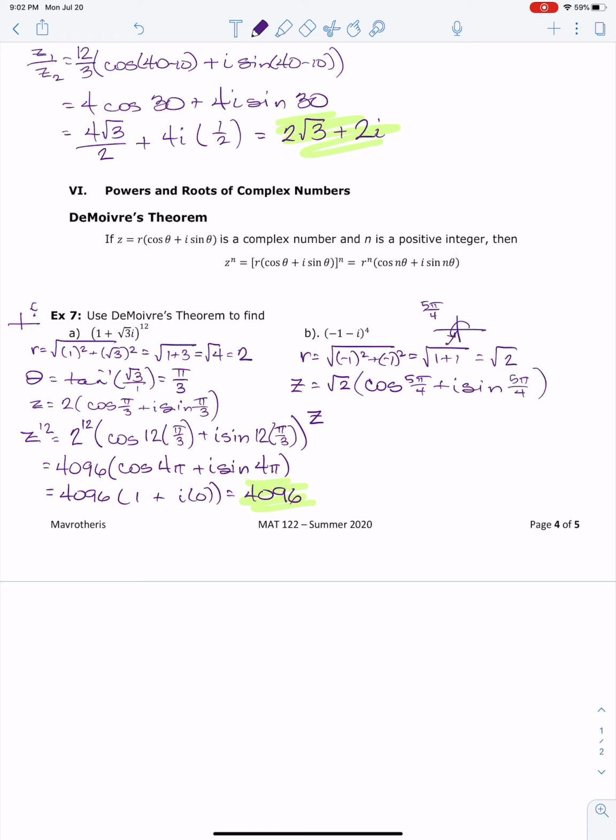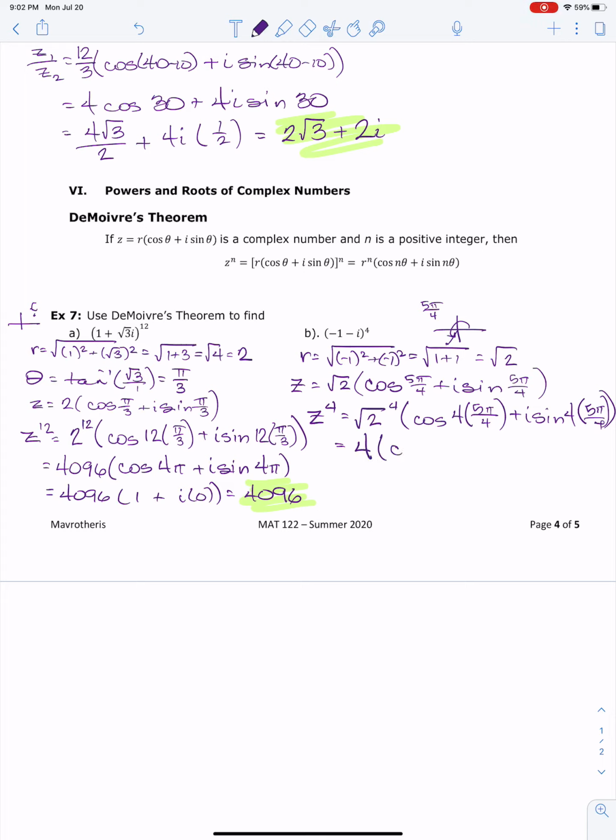I want z to the 4th, so that's square root of 2 to the 4th times the cosine of 4 times 5 pi over 4 plus i sine. We can see sometimes this is nice the way things fall out. Square root of 2 squared is 2. Square that, we get 4 here.